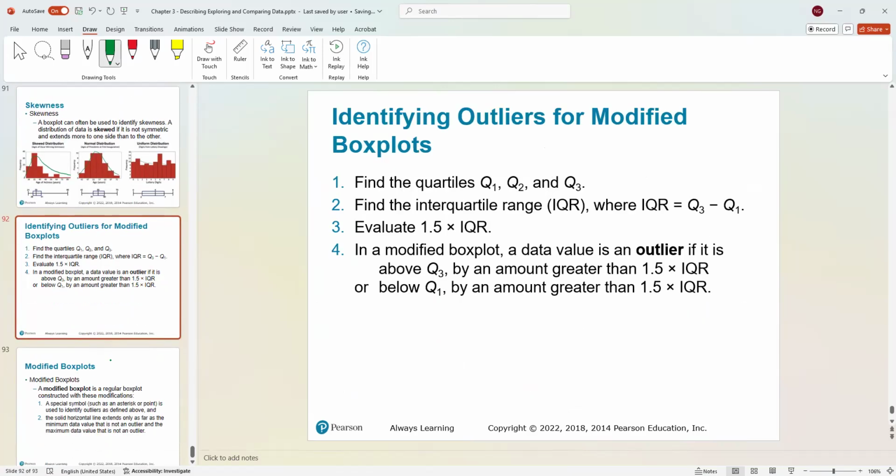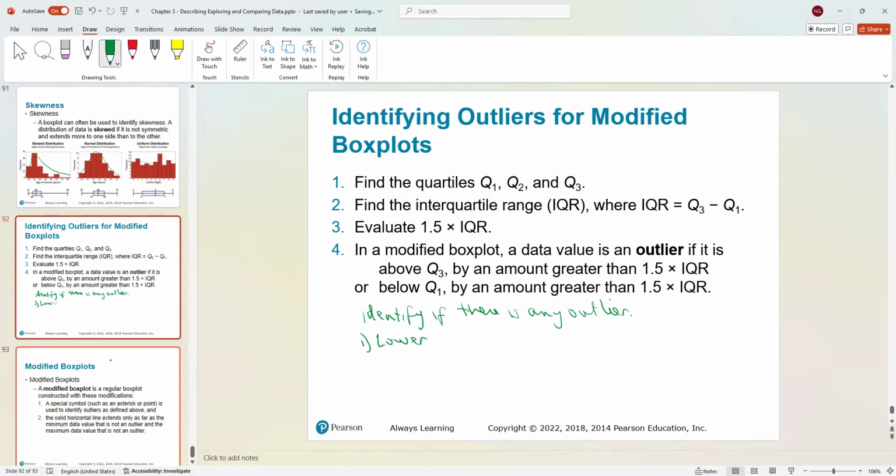You can also do a modified box plot when you feel like there are some outliers. How to identify the outliers? To identify if there is any outlier, you need to find the lower and upper limit.